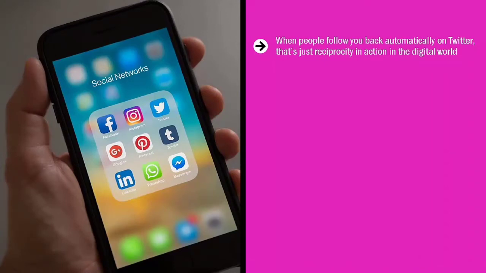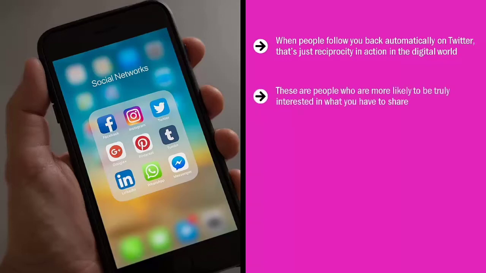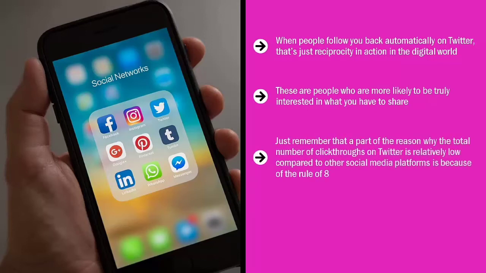This is a very powerful form of promotion because the people following you back are more likely to be in your niche target audience. These are people who are more likely to be truly interested in what you have to share. Eventually, they might keep seeing your conversion page tweets enough times that they take action. Just remember that a part of the reason why the total number of click-throughs on Twitter is relatively low compared to other social media platforms is because of the rule of 8.